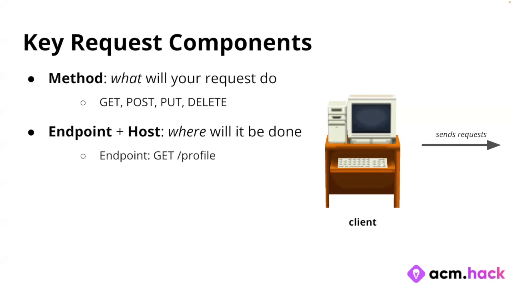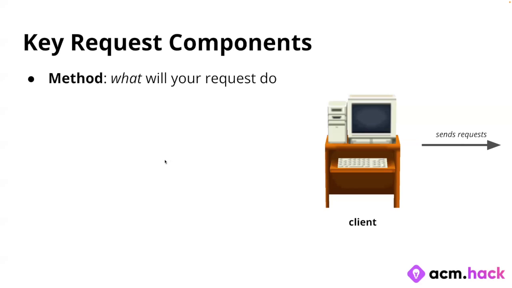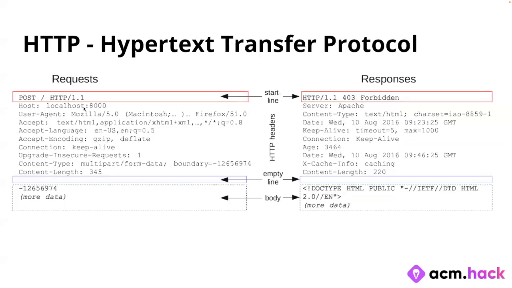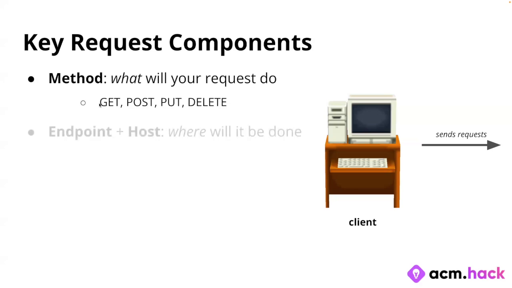So the endpoint will look something like this, slash profile. This basically specifies that the resource, or this kind of data that I am requesting, is profile. So it is the resource being accessed. And then the host over here, I have localhost 8000, but over here I have localhost 8080.